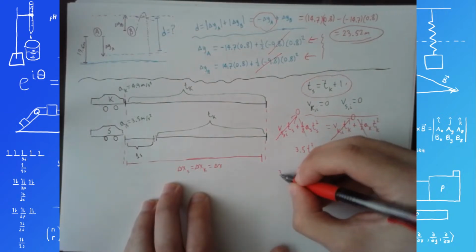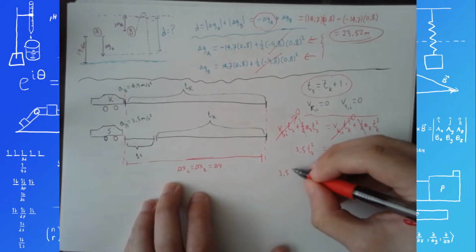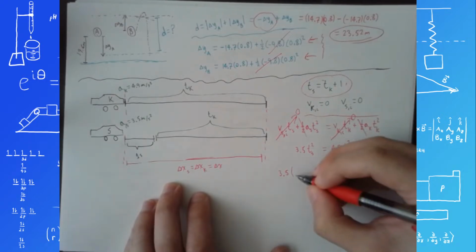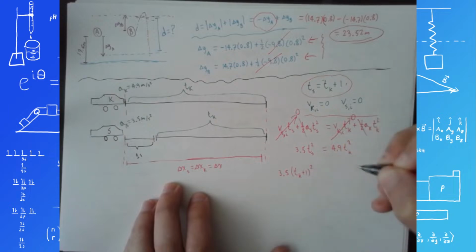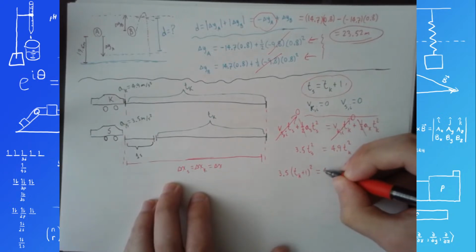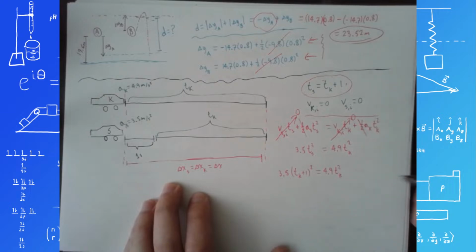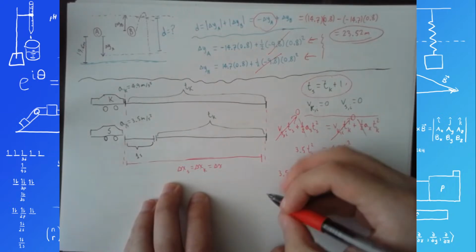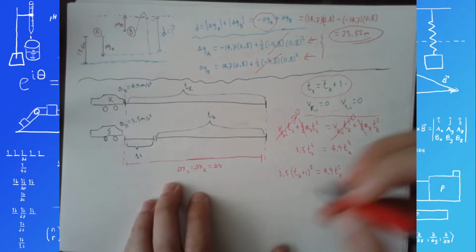Oh boy, here it is, the unavoidable quadratic. 3.5 times t Kathy plus 1 squared equals 4.9 t Kathy squared. If I FOIL this, I'm going to also divide the 3.5 and get it out of the way.